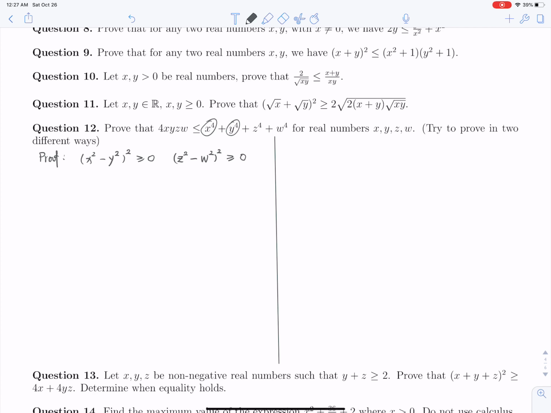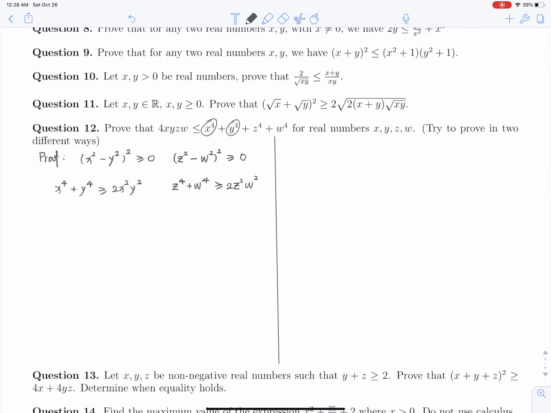If we open it up, we'll get x to the power of 4 plus y to the power of 4 is greater than or equal to 2 times x squared y squared. Based on this one, we have z to the 4 plus w to the 4 is greater than or equal to 2 times z squared w squared.